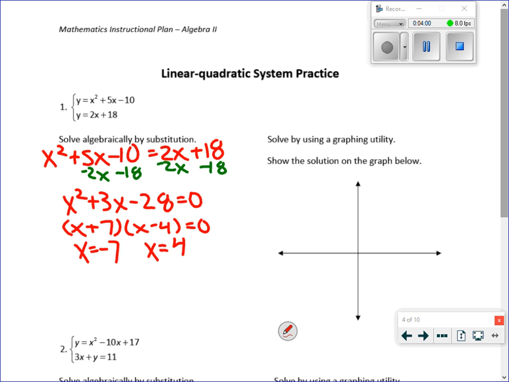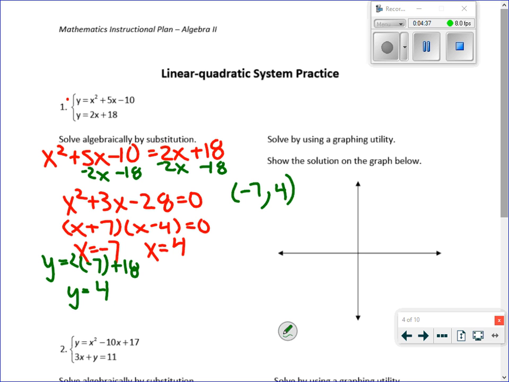So it doesn't matter which one I plug it into? No, but which one looks a little easier, the quadratic or the linear? The linear is probably looking a little easier. So just make it as easy as you can on yourself. So thinking about plugging it in, y would equal 2 times negative 7 plus 18. So what's your y value equal to? 4. Good. So one point I know is negative 7, 4.